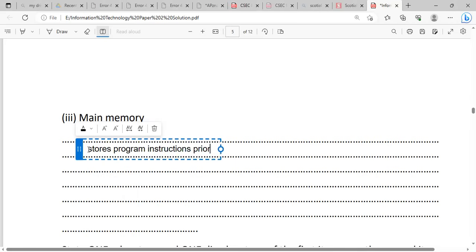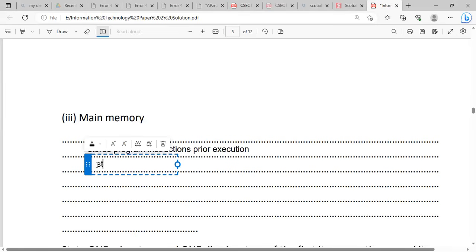So it does save it for execution, basically. Two, it stores data which can be immediately processed. And I'm going to give you one more.